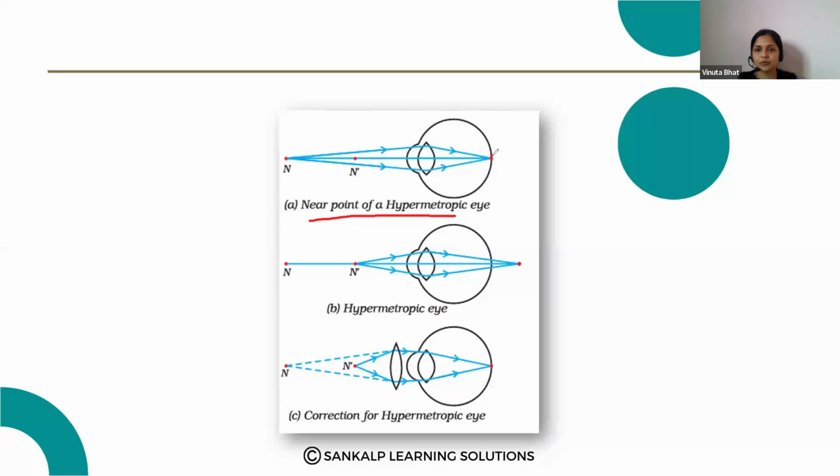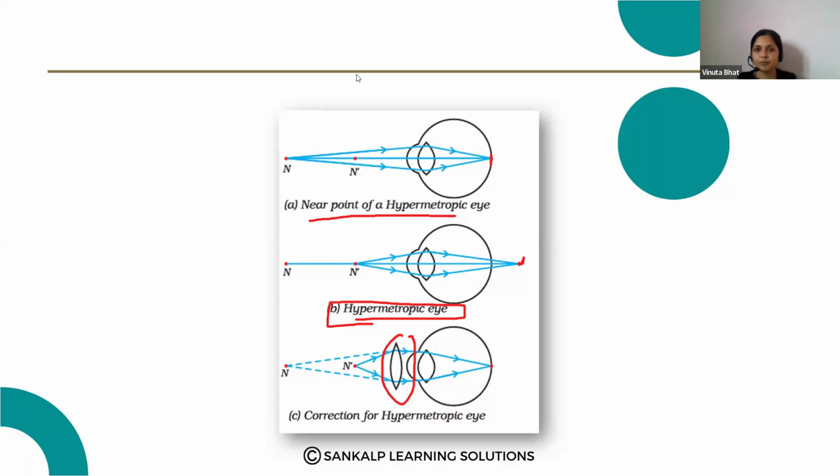This is the hypermetropic eye, where the images are formed behind the retina, and this is the lens, a convex lens, which is used to correct the hypermetropic eye. So this is a very important diagram.